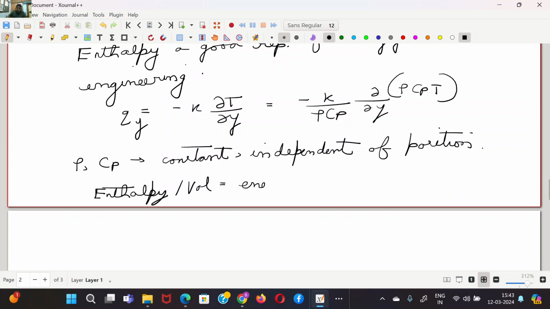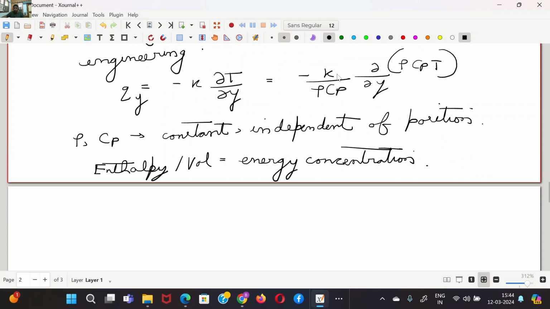or the energy concentration. Right? What is k by rho Cp? We'll call it alpha. We'll define it as thermal diffusivity.